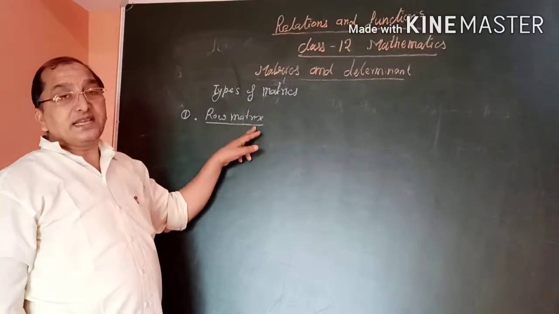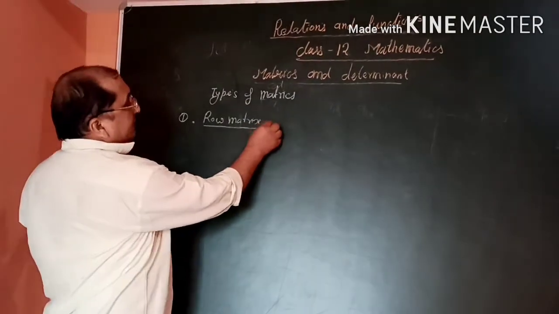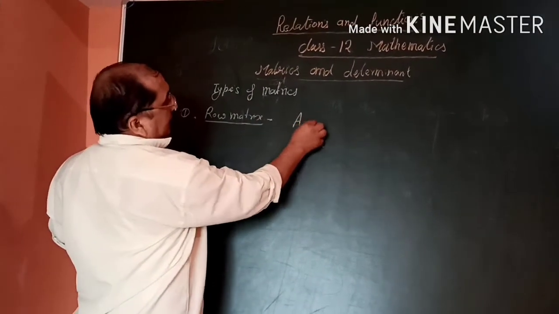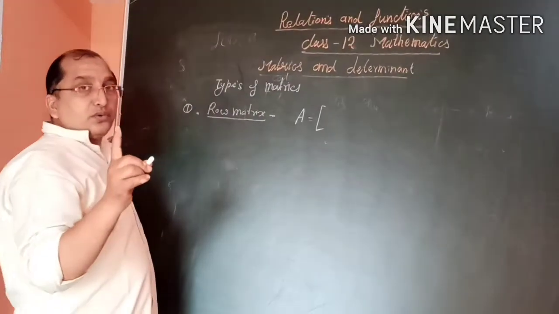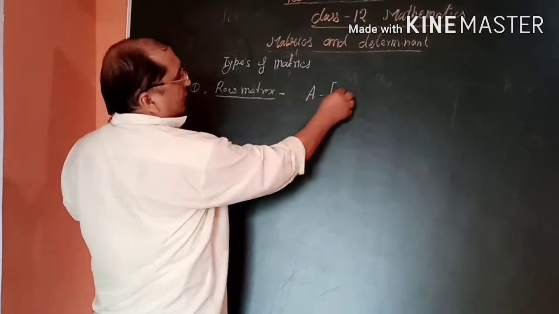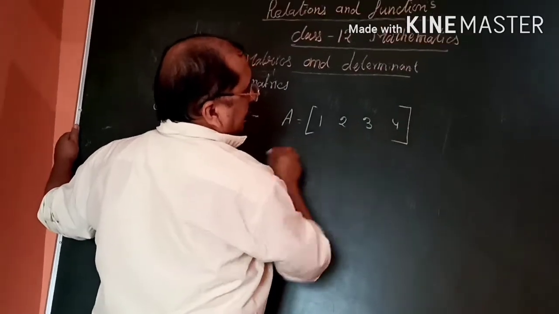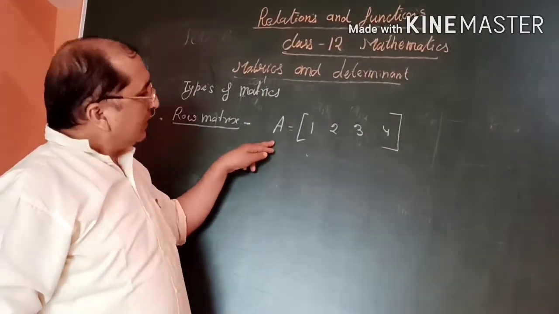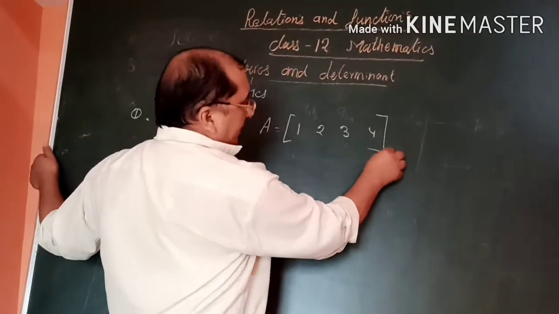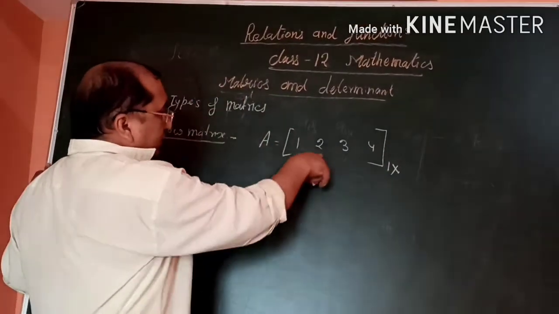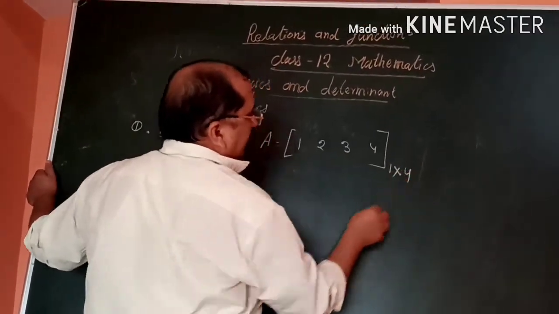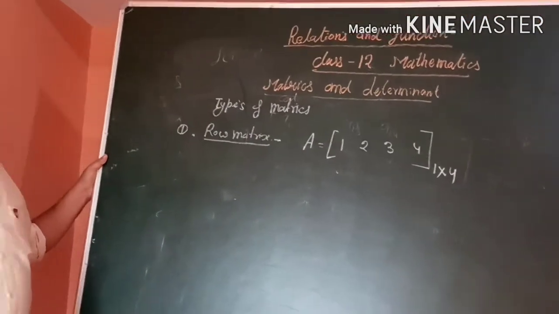A row matrix means a matrix A having only one row and many columns. Suppose 1, 2, 3, 4. This is a matrix having one row and 4 columns, so its order can be written 1 cross 4.